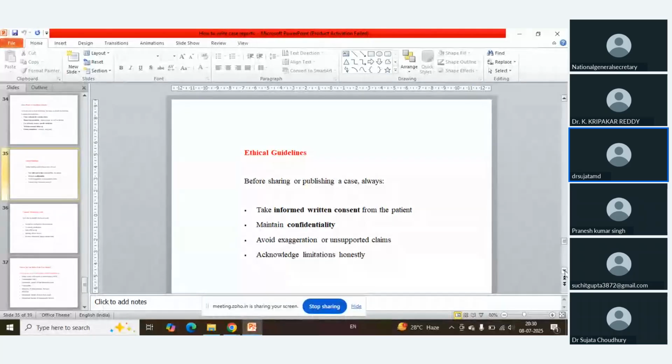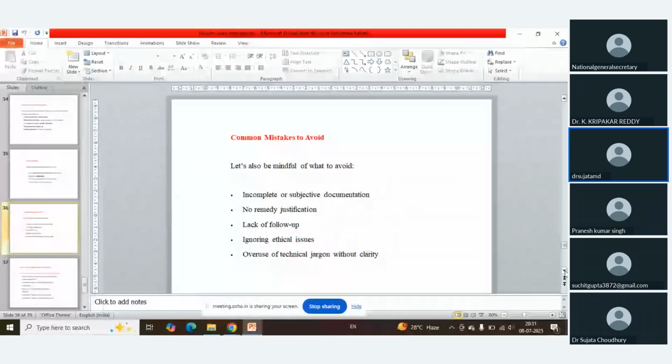If there is a failure or any limitation, we should acknowledge it in the case study. And what are the common mistakes to avoid during case reporting? Incomplete or subjective documentation, no remedy justification, lack of follow-up, ignoring ethical issues, and overuse of technical jargon without clarity. These should be avoided in a case report.